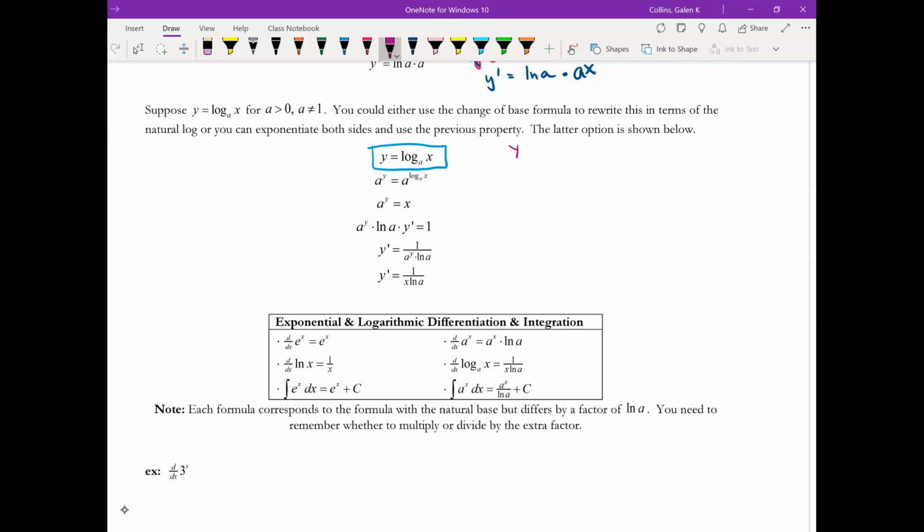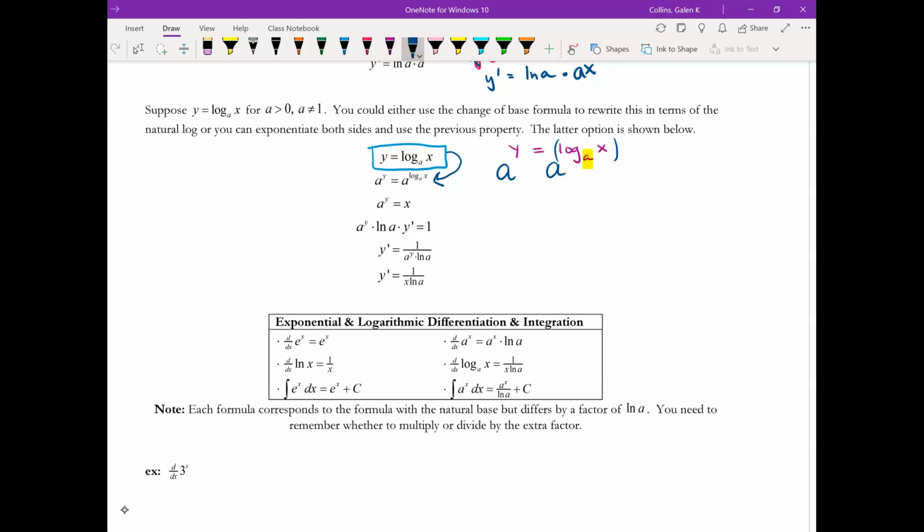So if I start out with y equals log base a of x, and I want to get x by itself, I know the inverse function to a logarithmic function is an exponential of the same base. Since this log has a base of a, we would exponentiate both sides of this equation with a base of a. That means we basically turn the stuff on either side of the equal sign into the exponent. So that's how we go from line 1 to line 2 of this, I guess we could think of this as like a little proof.